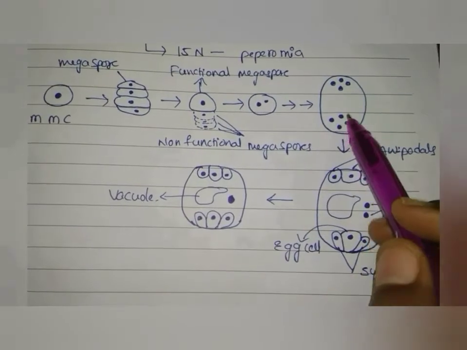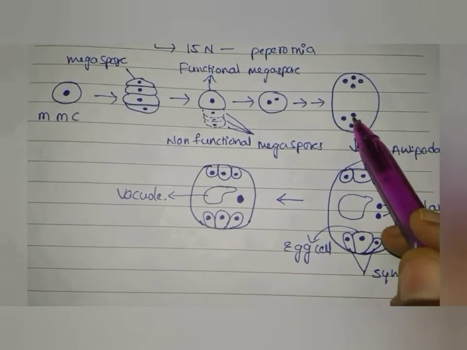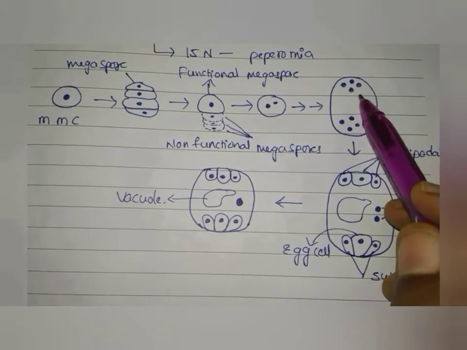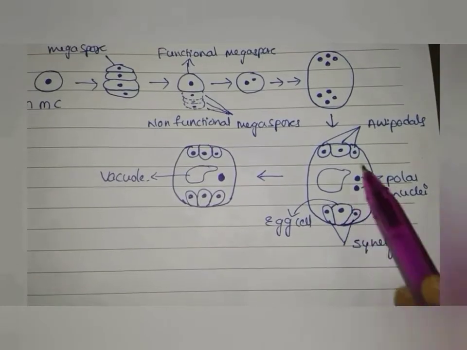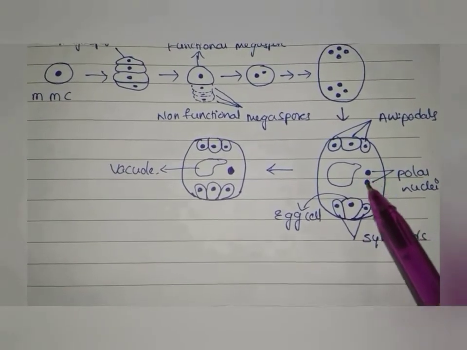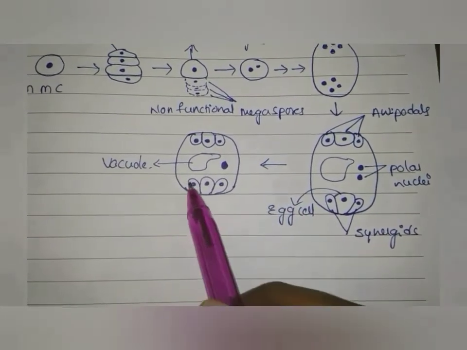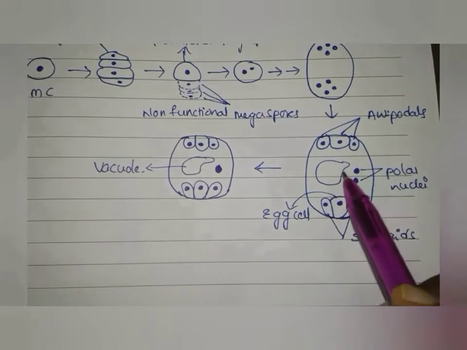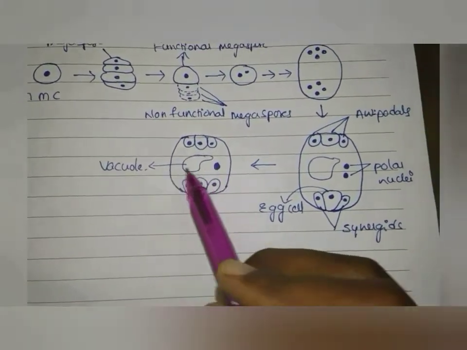From these two poles, one nucleus from each side migrates towards the center of the embryo sac. These two nuclei form the polar nuclei, which is then cellularized to form the central cell.